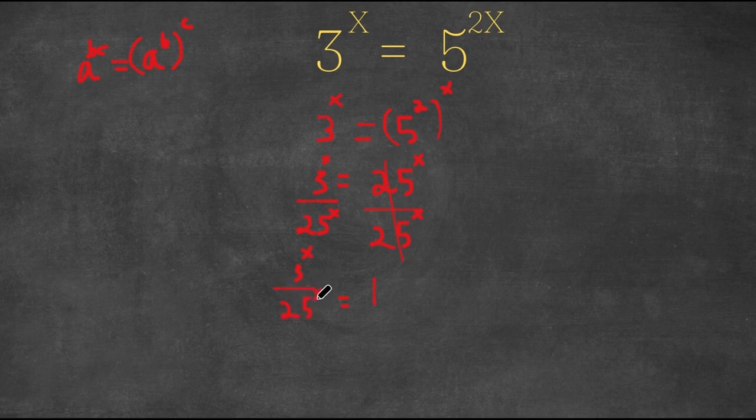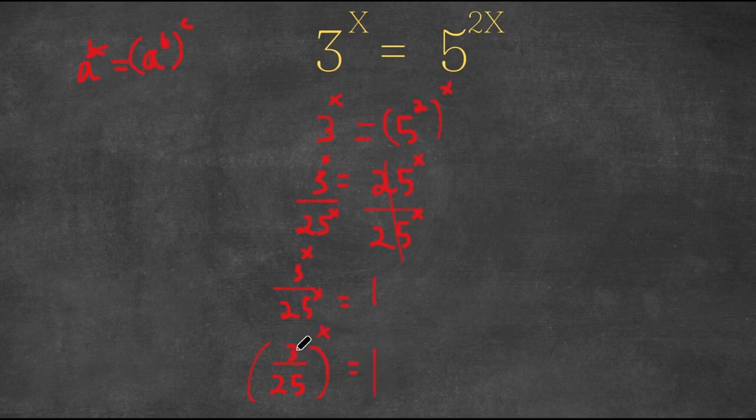Now, whenever we have our numerator going to the power of an exponent and our denominator going to the power of the same exponent, we can rewrite this as 3 over 25, to the power of x, equals 1.